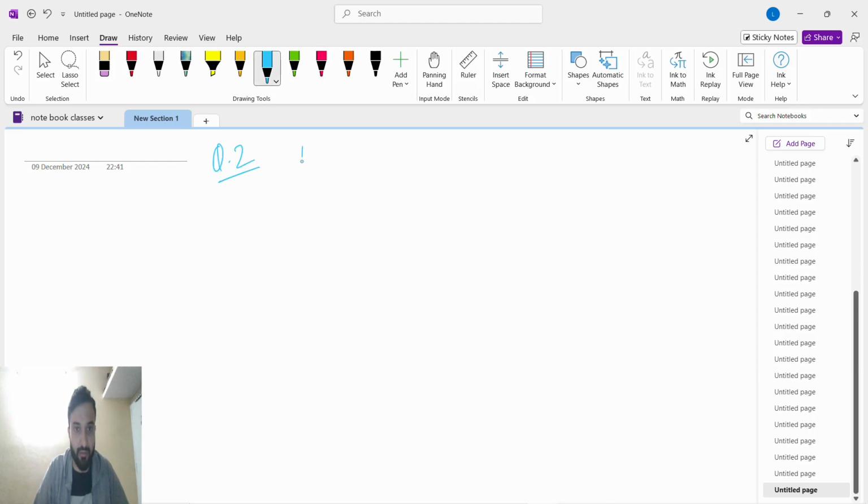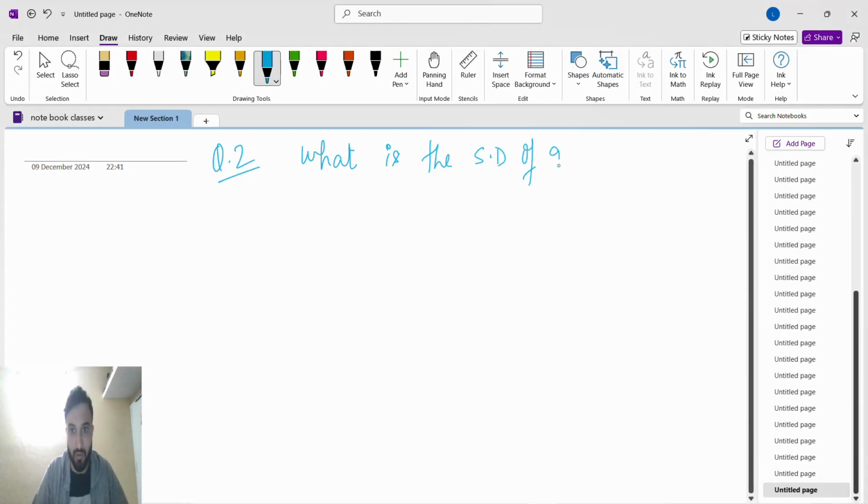What is the standard deviation? Or sometimes in place of standard deviation they will say root mean square deviation. So be careful with that. So what is the standard deviation of 9, 15, 17, 13, 1?